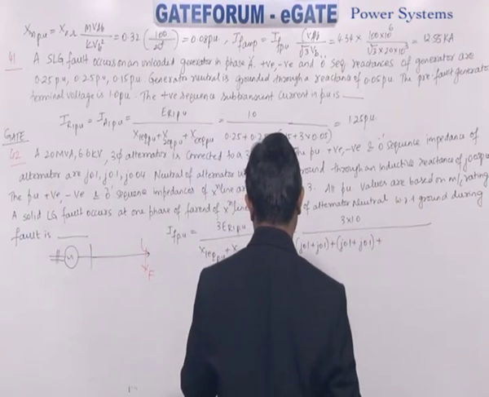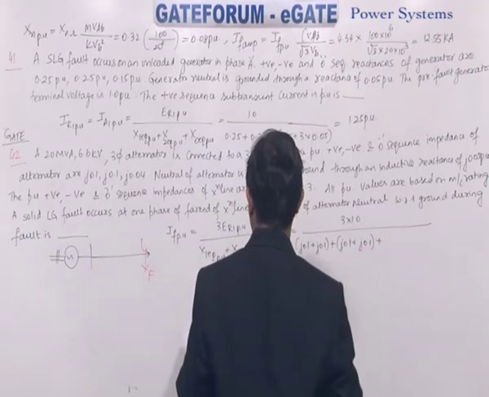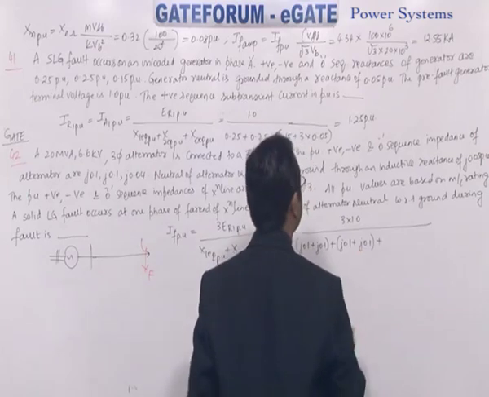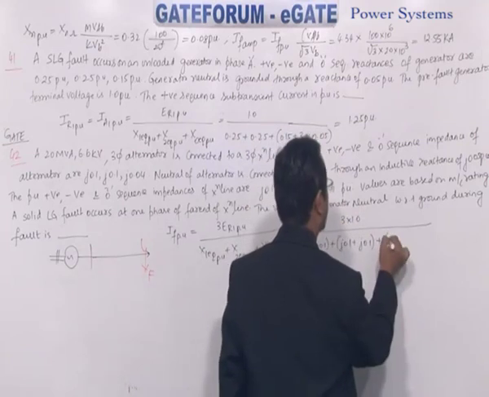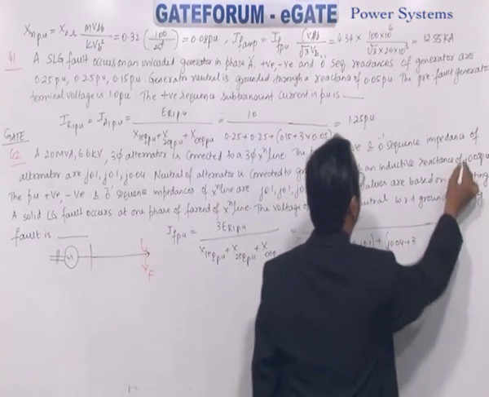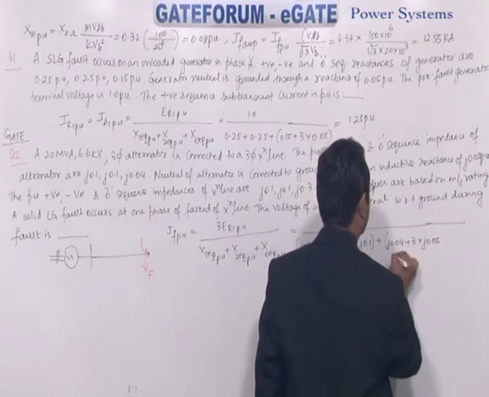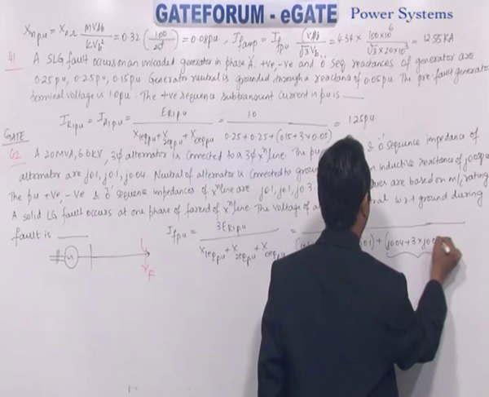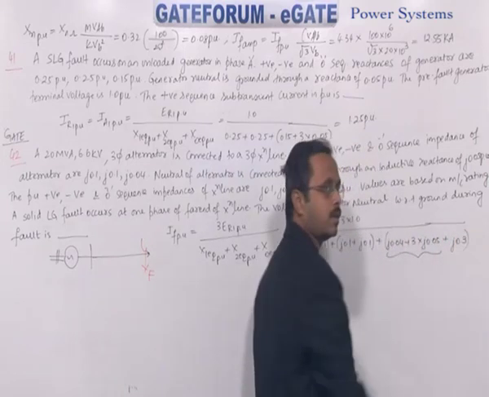Negative sequence reactances of the alternator and line are completed. Now the zero sequence reactance of the alternator: it is j0.04 plus 3Xn, where Xn is 0.05. This is totally for the alternator. Now for the line, j0.3.